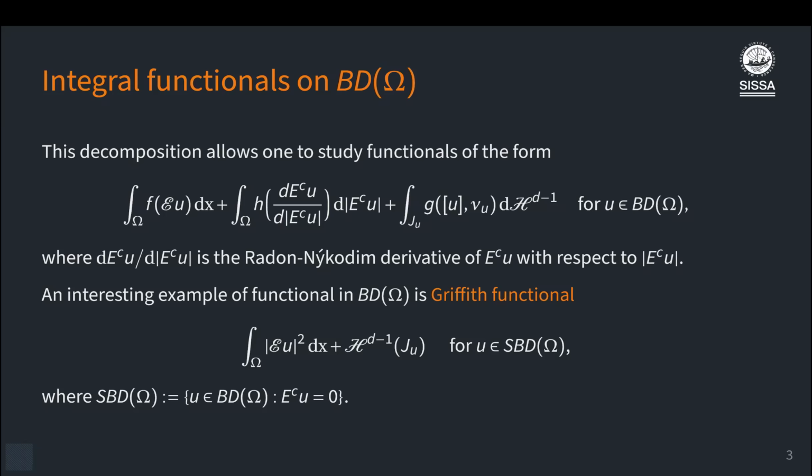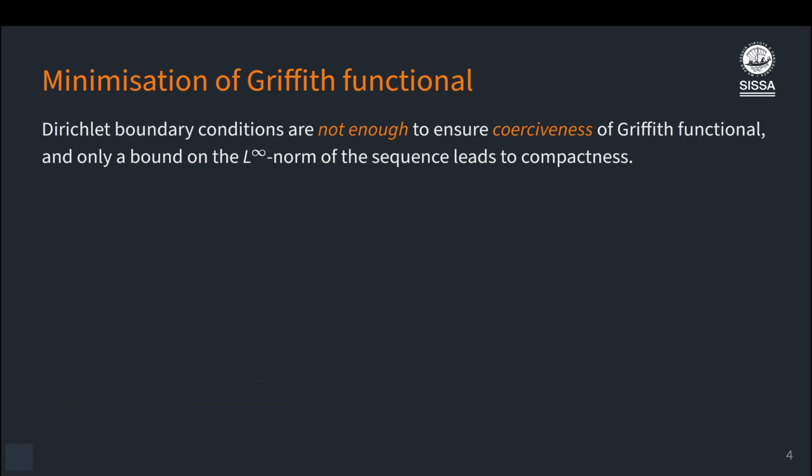But one soon realizes that these Dirichlet boundary conditions are not enough to minimize in this space, because the problem is that the Griffith functional plus Dirichlet boundary condition does not guarantee compactness of minimizing sequences, unless one, for instance, has a bound, which is rather unnatural, on the L infinity norm of the minimizing sequence.